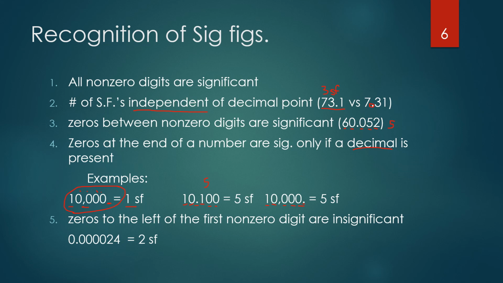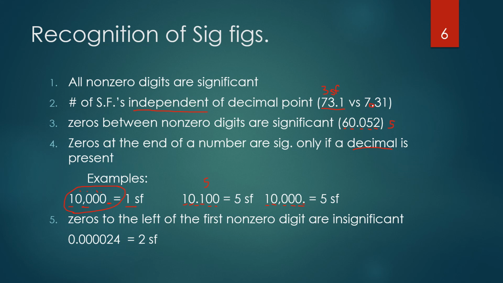The last rule, rule 5, zeros to the left of the first non-zero digit are insignificant. Okay, so we just said zeros at the end of a number count if there's a decimal present. Now that applies only if those zeros are at the end of the number. So in this example, number 5, we have 0.000024.